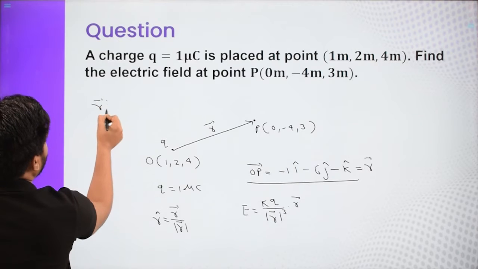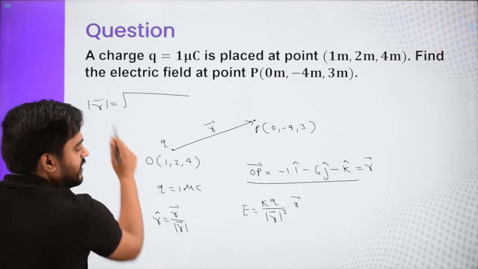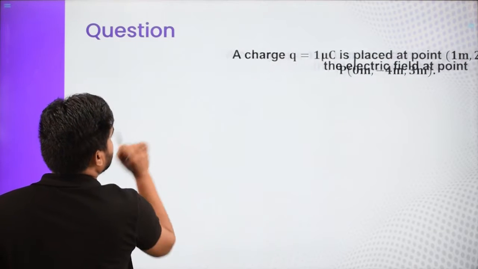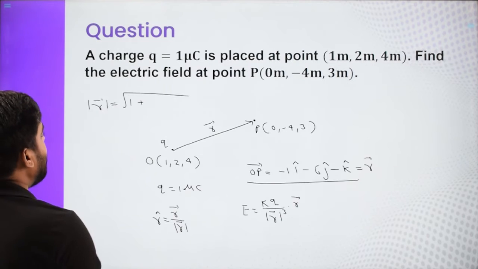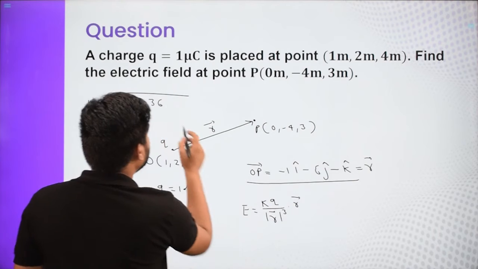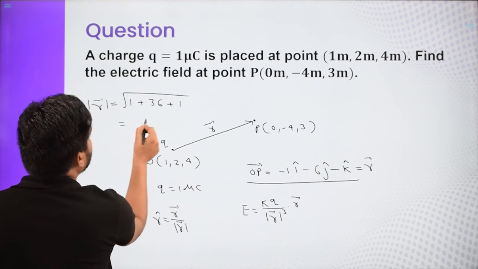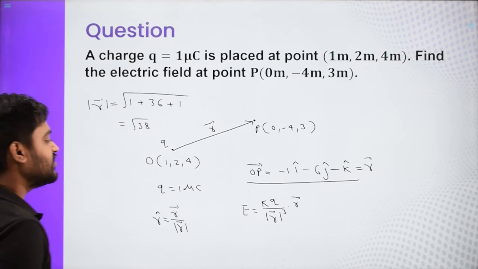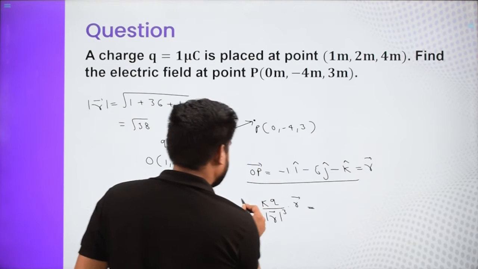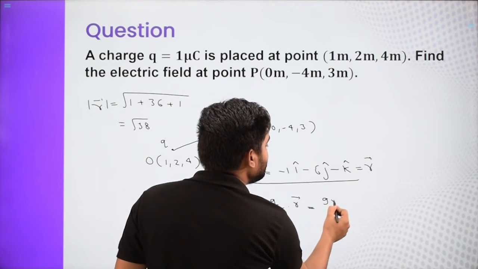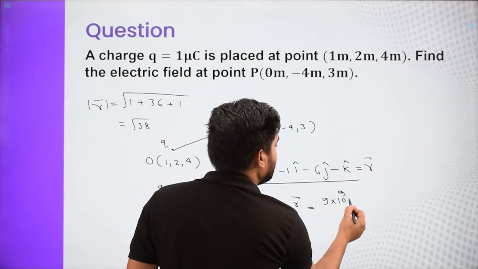So magnitude of R vector is nothing but root over minus 1 square, minus 6 whole square, which is 36, and then minus 1 whole square again, so 1. So it is root over 38. This is my magnitude of R vector. So I am writing it as, this is the vector form. I am directly getting the vector answer. So K, which is 9 into 10 raised to power plus 9.